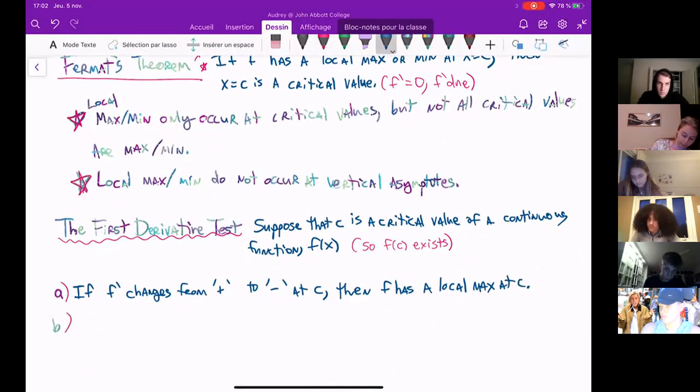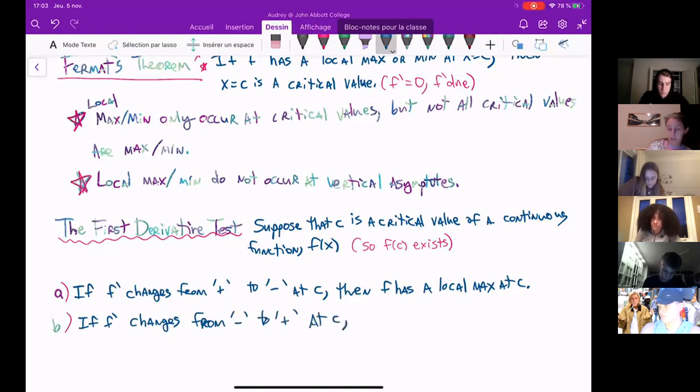If f prime changes from negative to positive at c, so I'm going down and then I'm going up, then I have a local min.